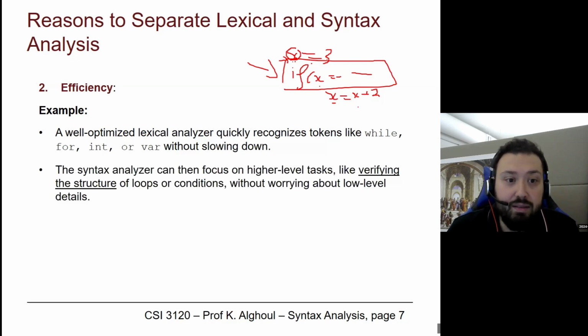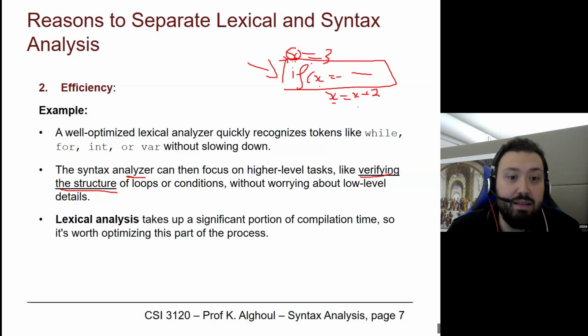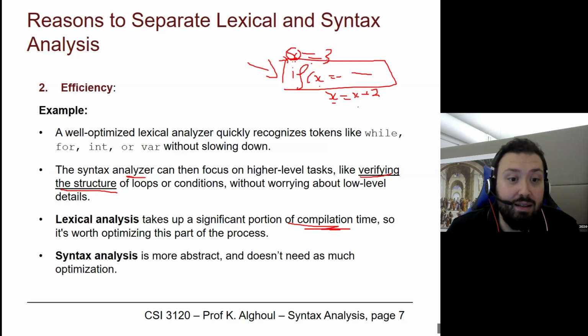The syntax analyzer, as we mentioned, can then focus on higher level tasks like verifying the structure of loops or conditions without worrying about the low level details. The lexical analysis takes up a significant portion of compilation time, so that's why it's better to optimize it, whereas the syntax analysis is more abstract and doesn't need as much optimization.